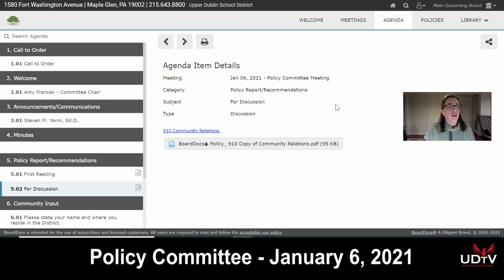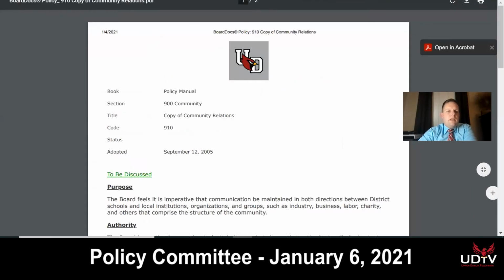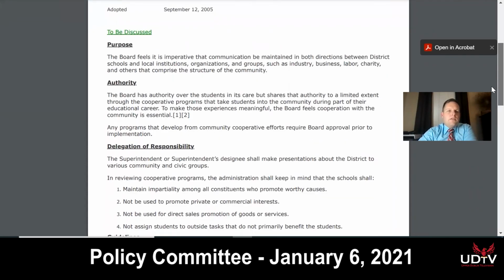Those are all set. Now we're moving on to item for discussion, policy 910 community relations. Yeah, so I asked Mrs. Francis if we could have this policy for discussion tonight. Ultimately, for those folks that are listening, these policies are not the policies of administration, they're board policies. So the board sets the policy and then administration follows the policy.